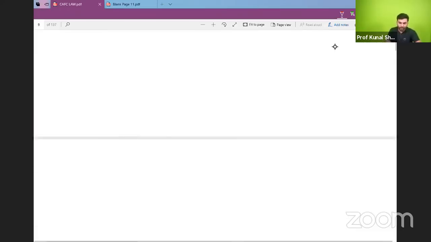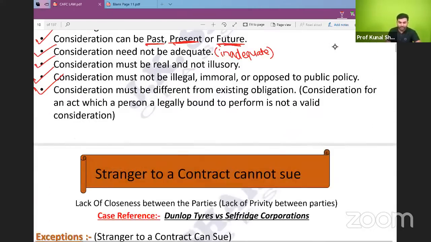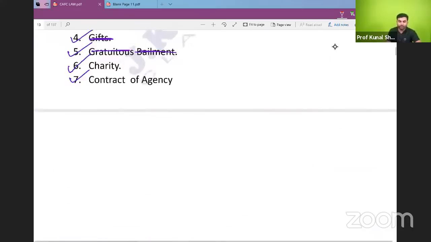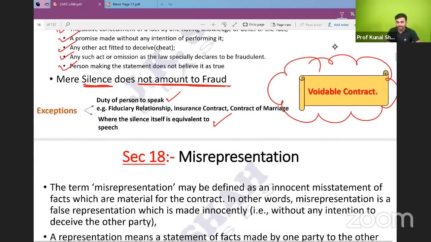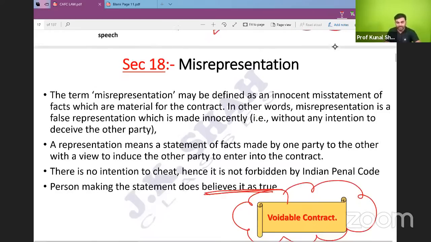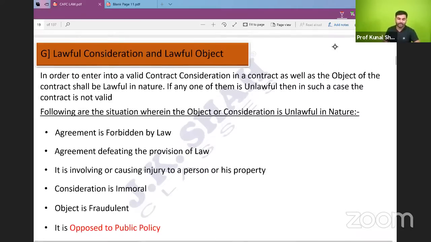Yes, friends, in practical life, whenever we want to form a contract, we will be forming a valid contract. And in order to form a valid contract, law says that the object inside the contract as well as the consideration inside the contract shall be lawful in nature.